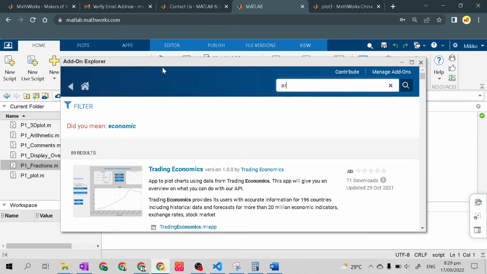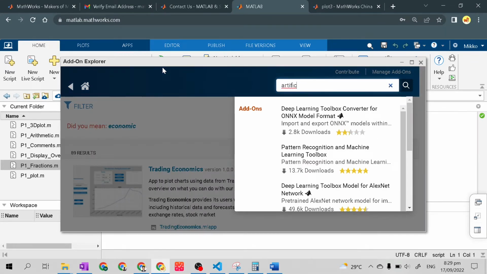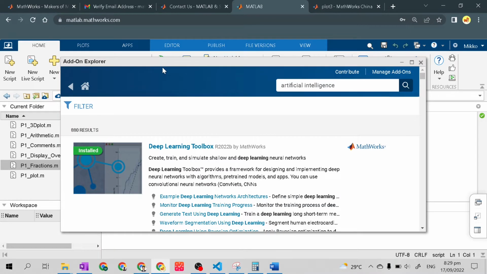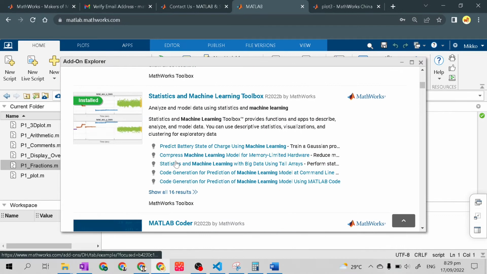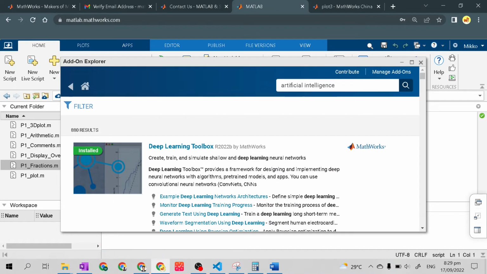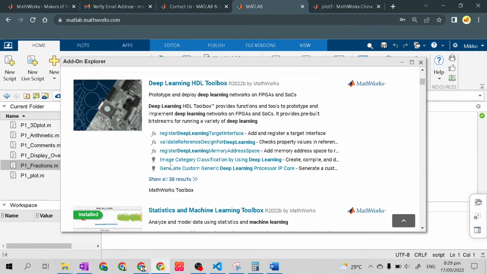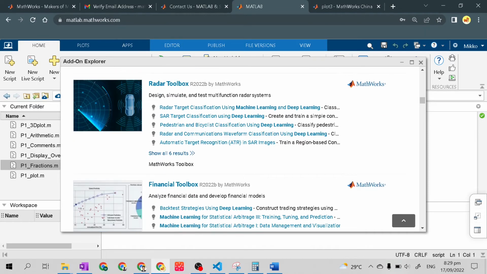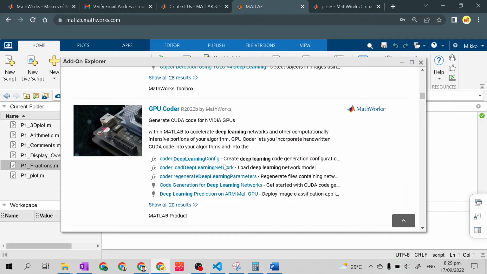Artificial intelligence, let's try artificial intelligence. Yes, they have artificial intelligence toolboxes, and some of them are already installed in MATLAB Online. Some of these toolboxes cannot be installed in MATLAB Online.